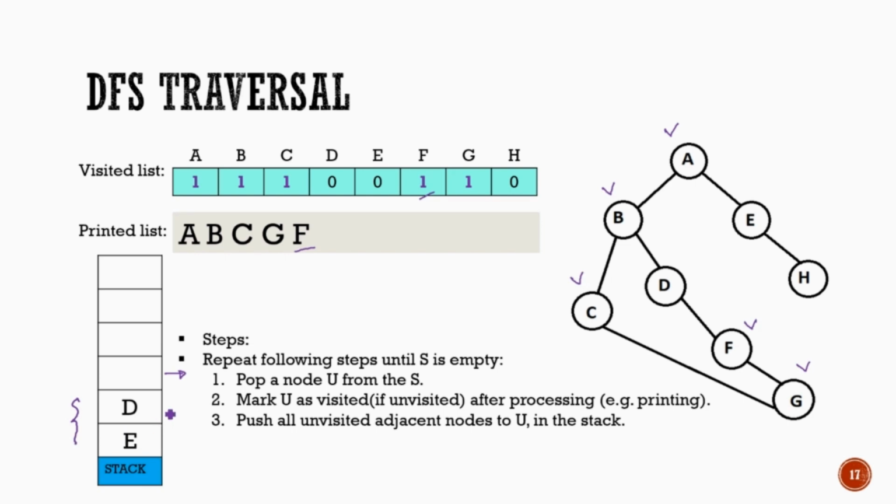So these 2 nodes are unvisited. So node D is discovered and node E is discovered. Although we discovered node D from node B, node D is still unvisited. So we can consider the path from F to D and we push node D in the stack. Actually we can push any unvisited node in the stack.